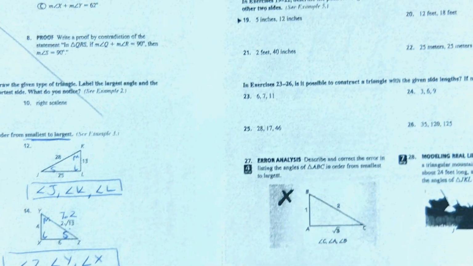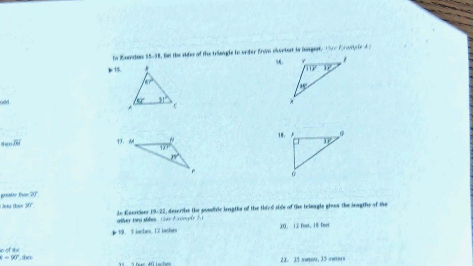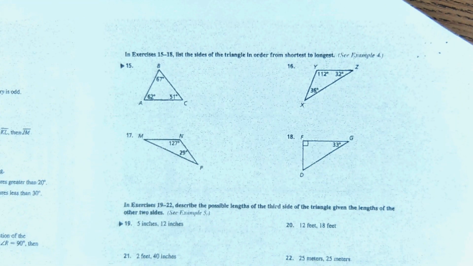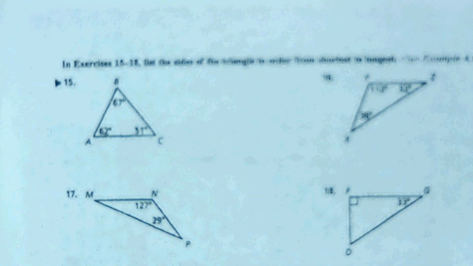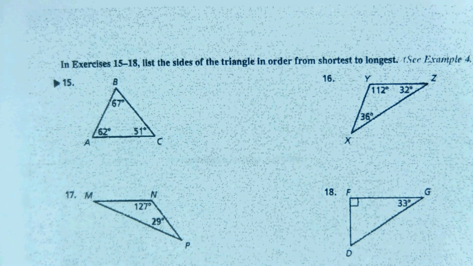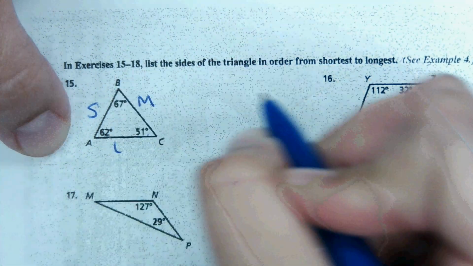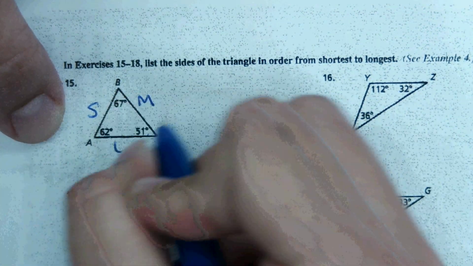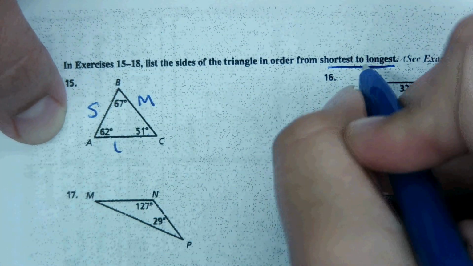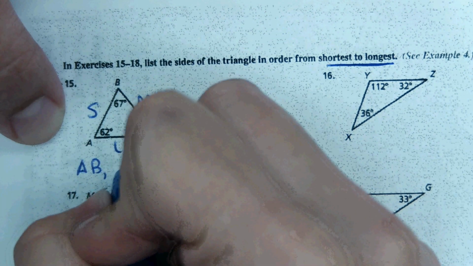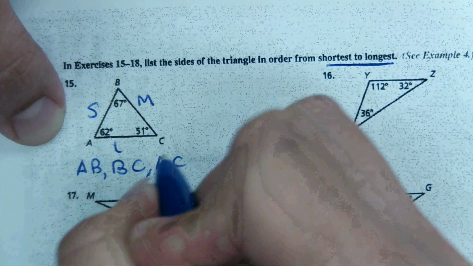Okay, next section. Ready? Okay. So same thing, just kind of opposite. If it feels easy, just let it feel easy. Enjoy it. You look for the smallest angle, so this would be the shortest side. This would be medium and the longest. So then it says to put them in order from shortest to longest.